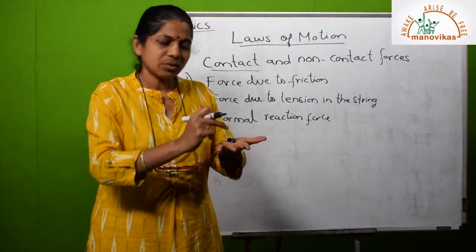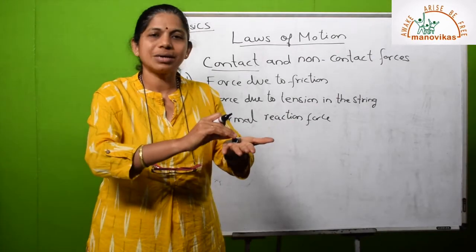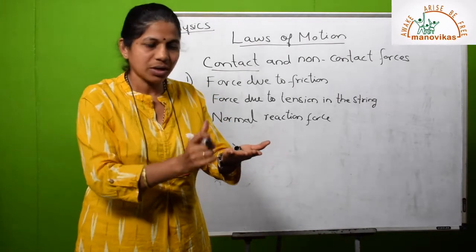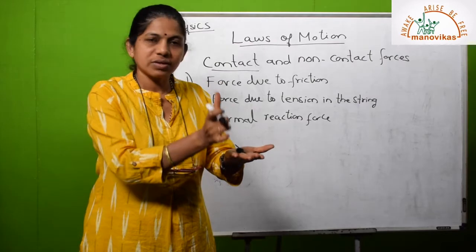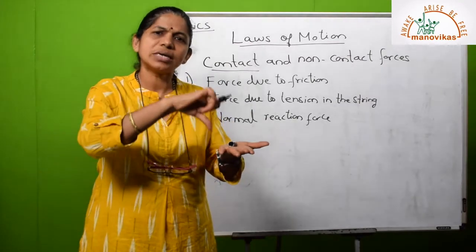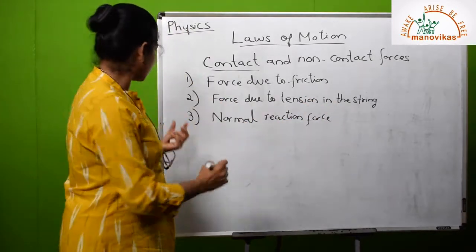So when both these forces are equal and opposite, you find the object will remain in its place. Right? That force, the normal reaction force, is in the upward direction, and the weight of the object is in the downward direction. So that is called normal reaction force.